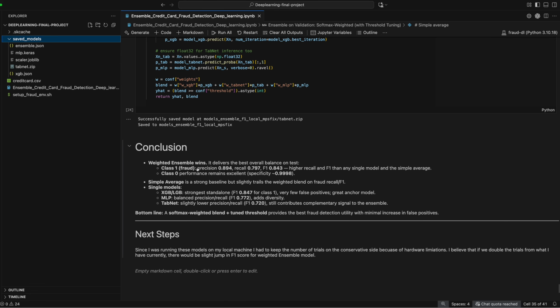The conclusion of this study is that the winner is the combination of all these three models together, which gave us a really high F1 score. The individual models did give us a decent F score, but the ensemble really did win over the other models.